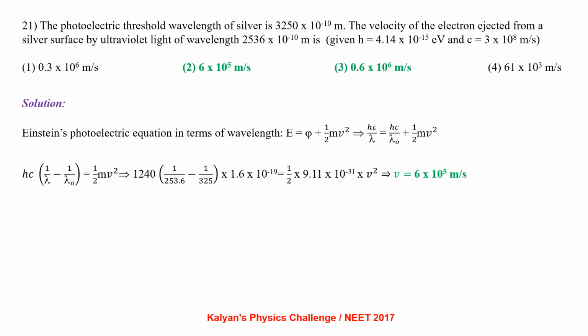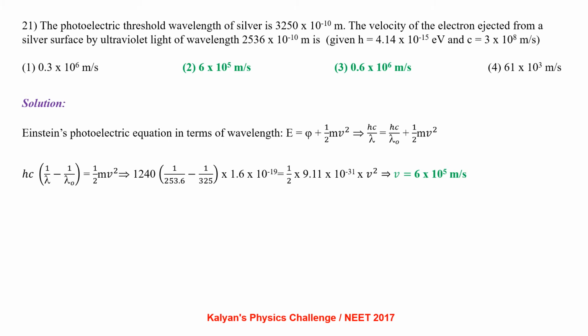The photoelectric threshold wavelength of silver is 3250 into 10 power minus 10 meter. The velocity of the electron ejected from the silver surface by ultraviolet light of wavelength 2536 into 10 power minus 10 meter is? Given h equal to 4.14 into 10 power minus 15 electron volt second and c equal to 3 into 10 power 8 meter per second.